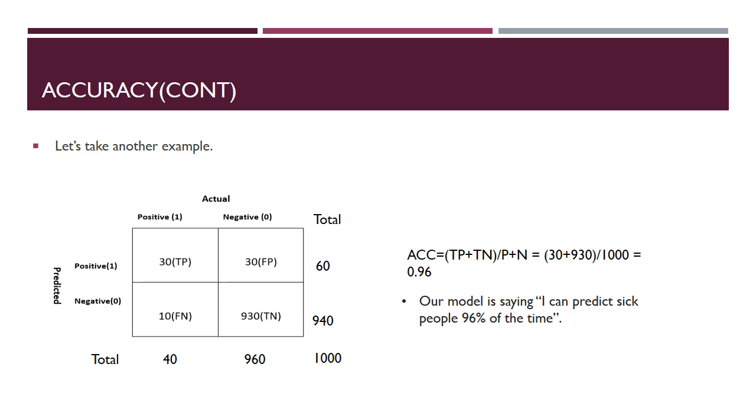Let's see this data. Let's first discuss one thing that is called class imbalance. Class imbalance means that, for example, if you are going to build a classifier that is going to predict whether a patient has cancer or not, or whether a person has a brain tumor or not, or whether a transaction is fraudulent or not.